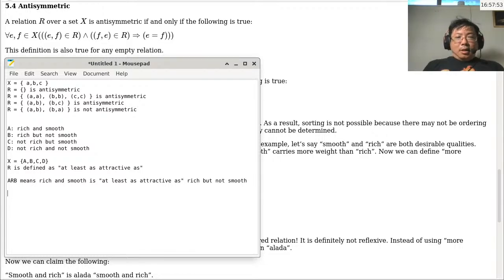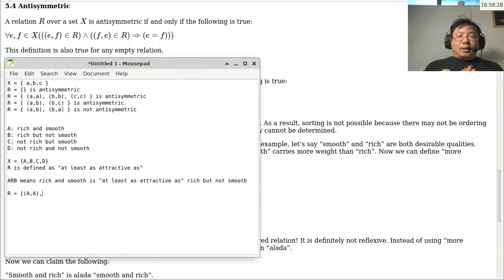Okay, all right. So what we end up with is a relation R. And in this relation R, we will define AB. We will define AA. Now, why is AA in the set? Because I'm not trying to define more attractive than. I'm trying to define at least as attractive as. So a person who is rich and smooth is considered at least as attractive as another person who is also rich and smooth.